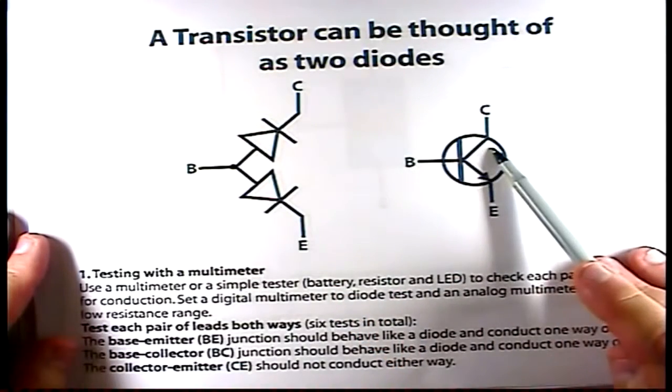And the neat thing about that is, if I want to determine if a transistor is good or not, I can take a standard ohm meter and measure from the base to the collector and from the base to the emitter, and then reverse the bias.